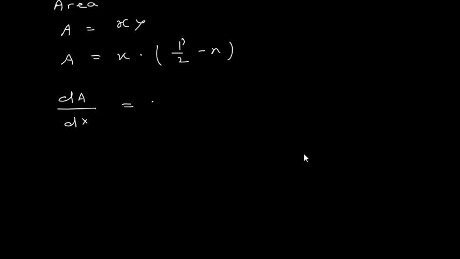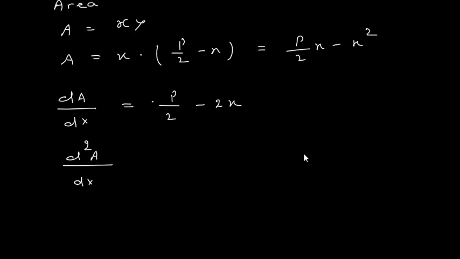We open the bracket, so it is p upon 2 times x minus x square. When we differentiate, we get p upon 2 minus 2x. So this is dA upon dx, and if we differentiate again, we get d square A upon dx square, which is minus 2. This we consider as equation 1, this as equation 2.